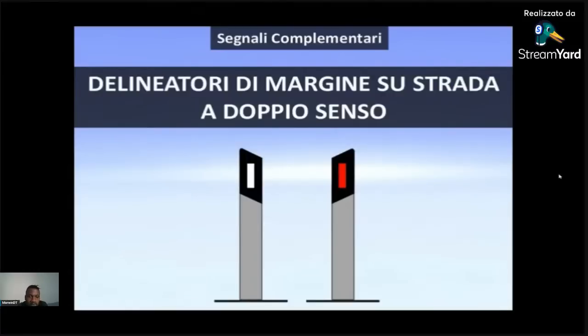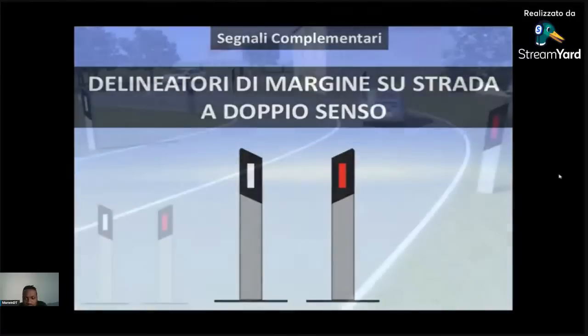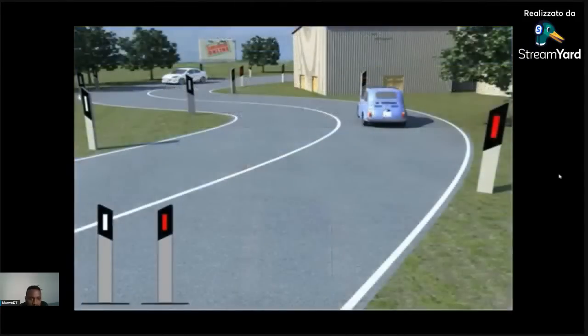Let's check it out. So here it is, one on the left and one on the right side. So do not forget, it's a double sense of circulation road. Very simple.